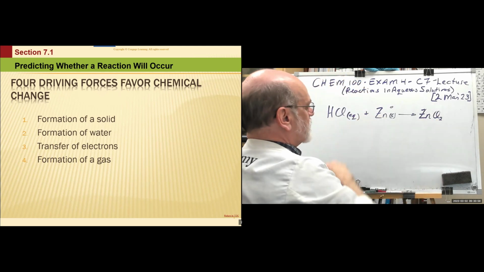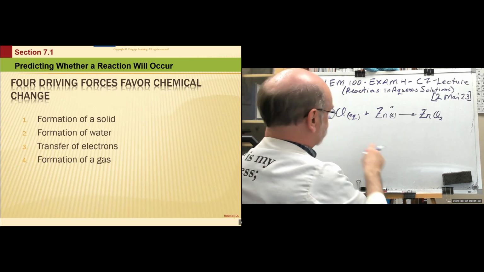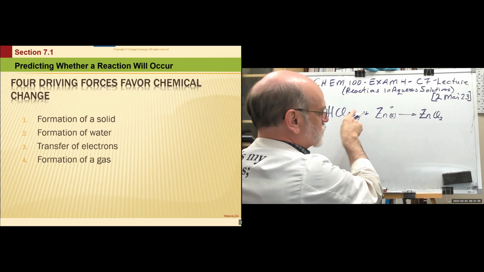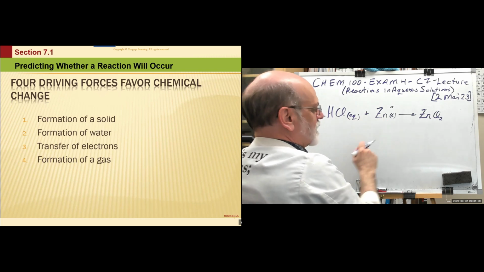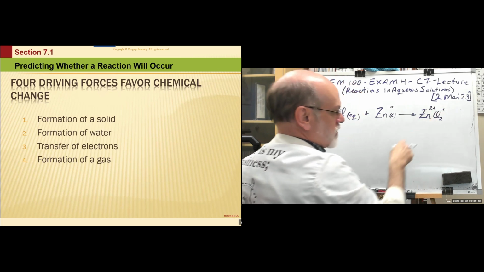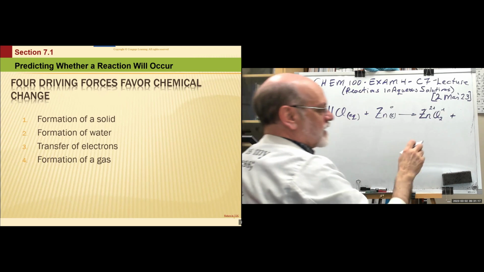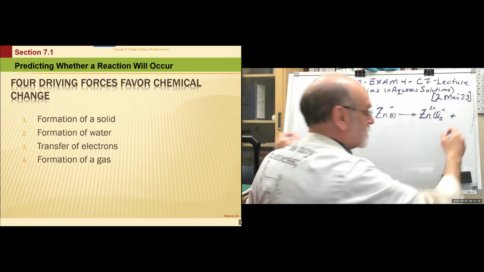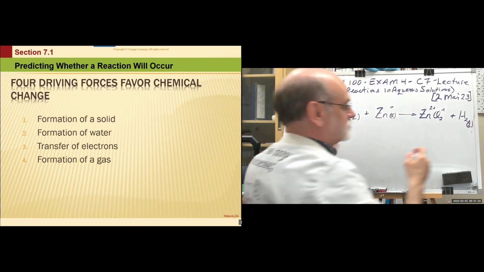In fact, it becomes two positive ions. Okay? Two chlorines accept electrons from the zinc. So now the zinc has a 2+ charge and the chlorine has a -1 charge. What's left over? Hydrogen. Those two hydrogens get together and they form hydrogen gas.